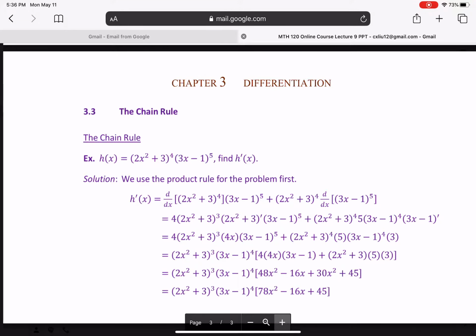And that will leave us 4 times 4x times 3x minus 1 for the first part, and 2x squared plus 3 times 5 times 3 for the second part. And then we can multiply out the inside of the last part and combine like terms to get 70x squared minus 16x plus 45. So that's the final answer. This is for today.